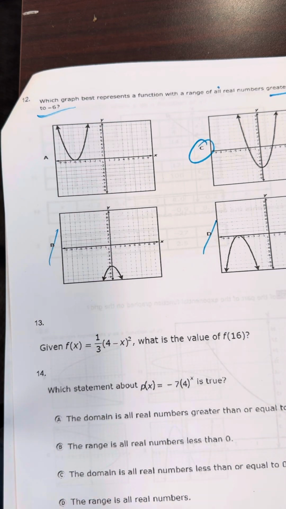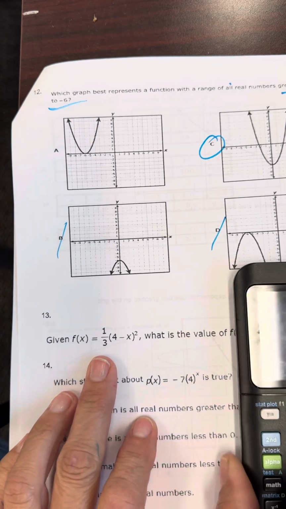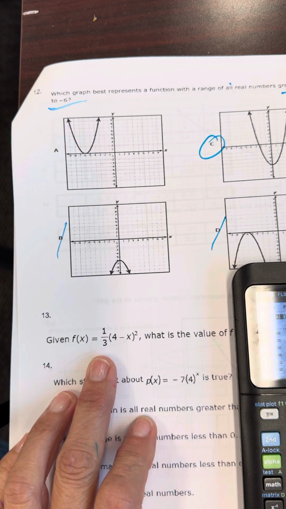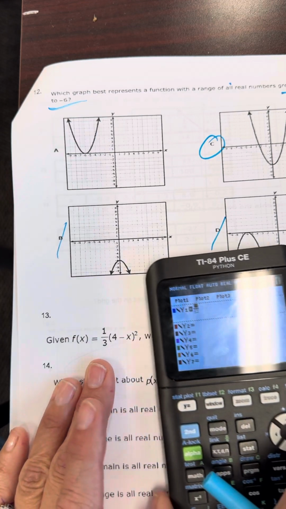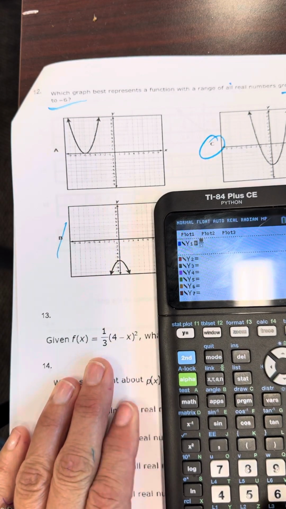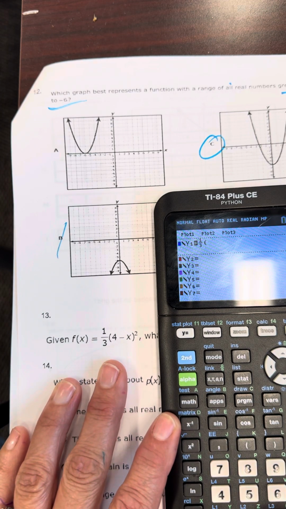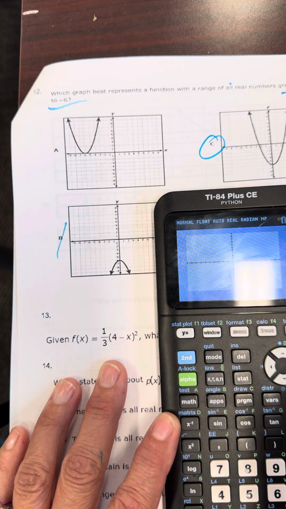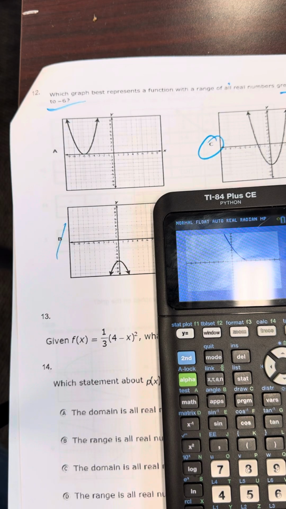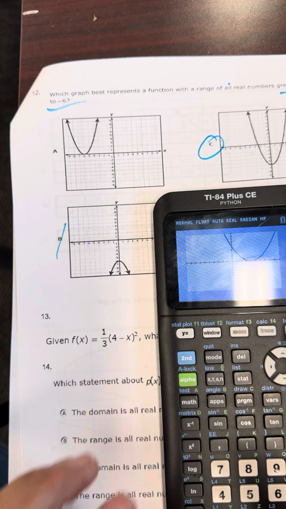13, we're going to find f of 16. So y equals, I'm going to go ahead and do alpha x for 1/3, open the parentheses, 4 minus x, close them, and square it. So I'm going to graph first. And that is a positive function.